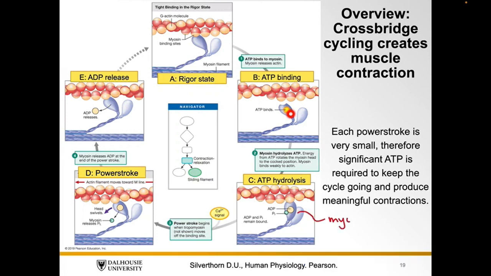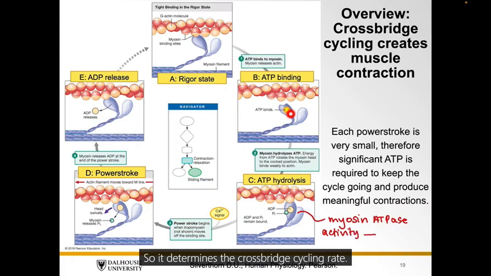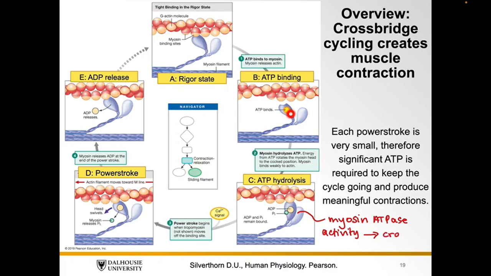The take-home message here is that the myosin ATPase activity dictates how quickly the cycle can happen. So it determines the cross-bridge cycling rate.